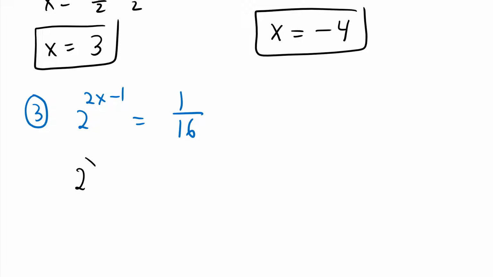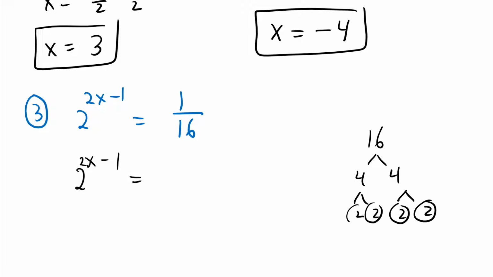I'm going to rewrite the 1 over 16. You can prime factorize it. Prime factorize 16: 4, 4, 2, 2, 2, 2, prime, prime, prime, prime. We have 4 copies of 2.